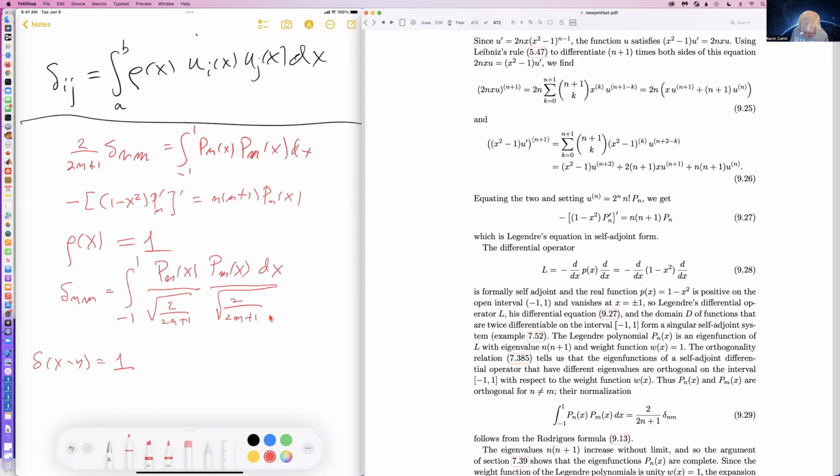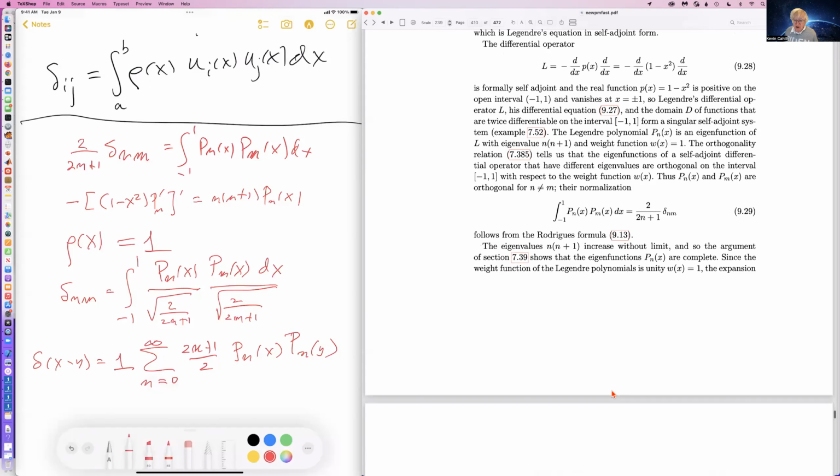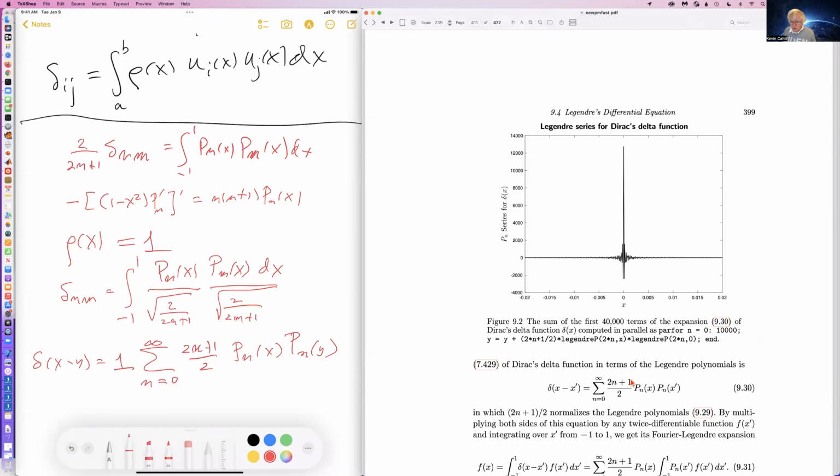It has a 1 because that's rho, and so this would be Pn of x, Pn of y, and now we have to normalize them, and so we divide by this times that, or divide by this squared, and that gives us 2n plus 1 over 2, which is what I said here.